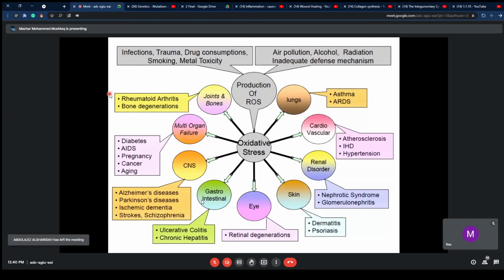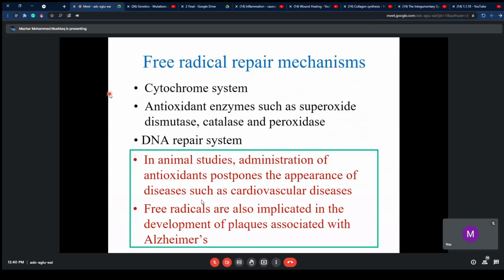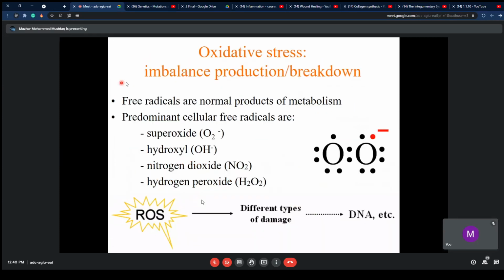Doctor, can you go to two slides previous for this? More previous. Yes, these enzymes, catalase and peroxidase. What is the function of those? Dismutase, catalase, and peroxidase are the enzymes that will destroy these oxygen radicals. For example, they can convert the superoxide radical or hydroxyl radical into a water molecule or any other molecule that is not so reactive.